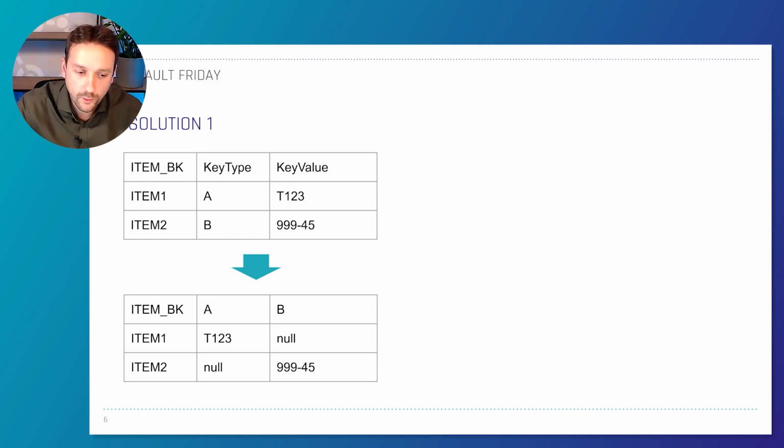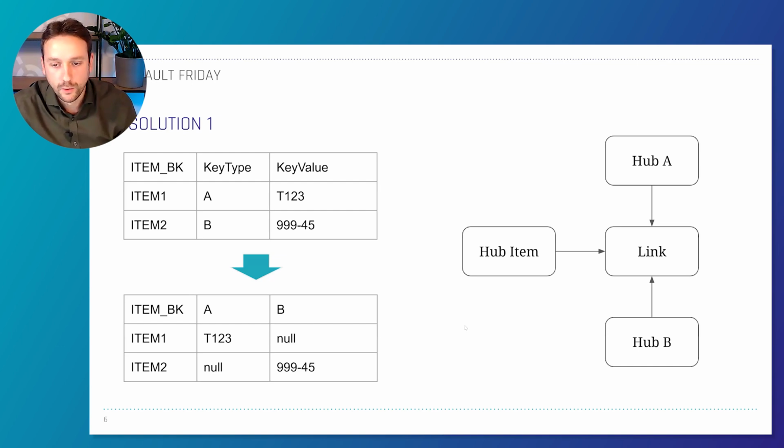Again, this is only possible if you have a fixed number of key types, and you know there are just, for example, 2 key types, which is A and B. Because then you could easily load on the one end the item business key into the hub item, and the business key from the A value into hub A and the B value into hub B, and you have a link in between.